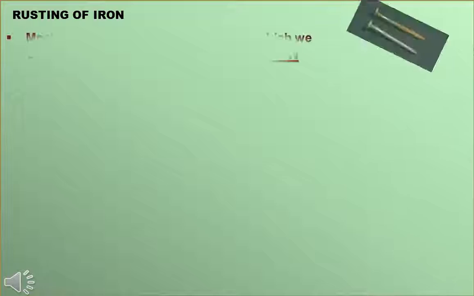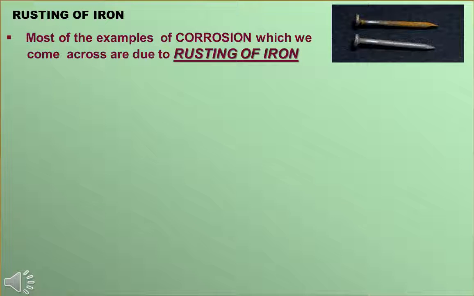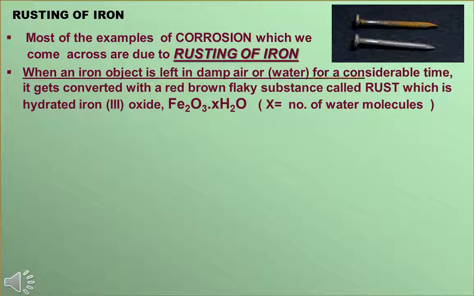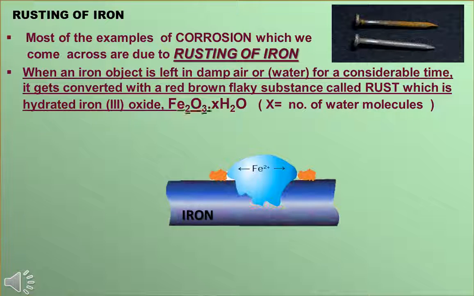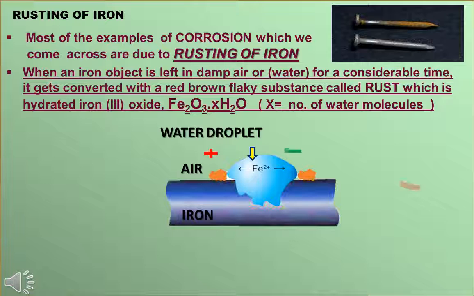Another example of corrosion is rusting. The corrosion of iron is known as rusting, which is very common when any iron object is left in damp air for some time. It gets converted into a reddish brown substance, a red flaky substance known as rust.